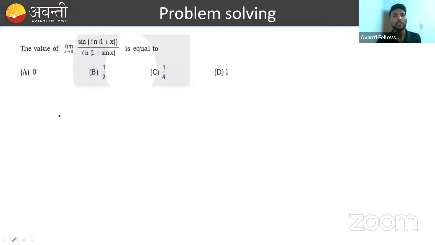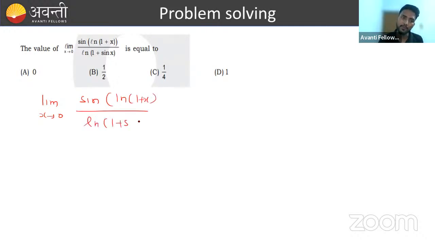Limit x tending to 0 of sine ln 1 plus x divided by ln 1 plus sine x. So this is your f of x function, and this is your g of x function. First, you just put x tending to 0. After putting x tending to 0, let's see what we are getting: sine ln 1 plus 0 divided by ln 1 plus sine 0.